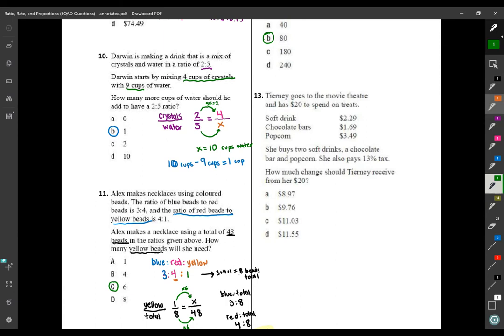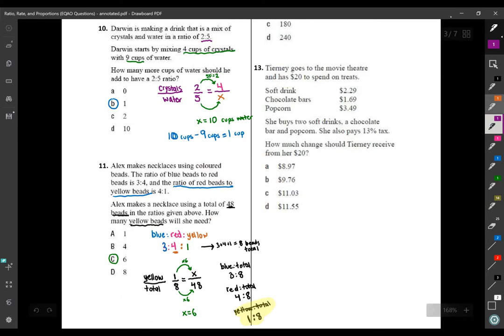13. Tierney goes to the movie theater and has $20 to spend on treats. She buys 2 soft drinks, a chocolate bar, and popcorn, and also pays 13% tax. How much change should Tierney receive from her $20? This question is actually a 3-part question. First, we need to know how much she spends before taxes, so we have to add up all of her costs.